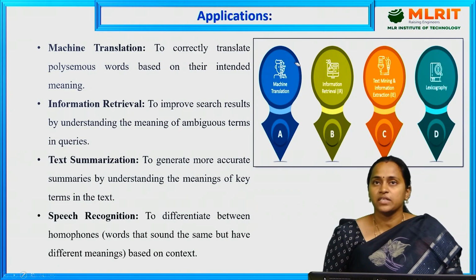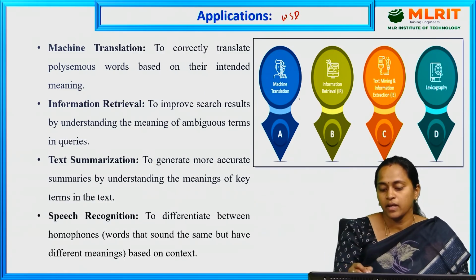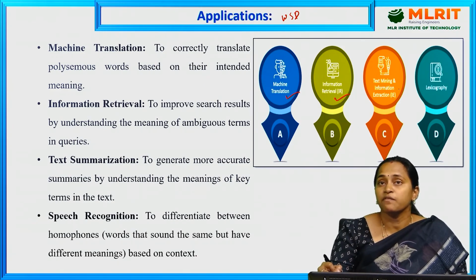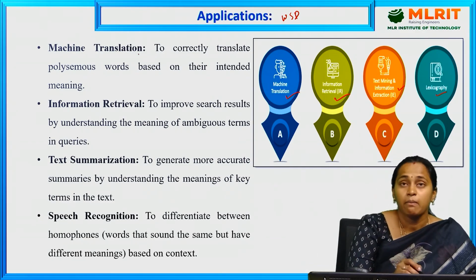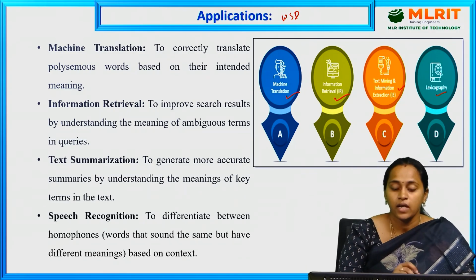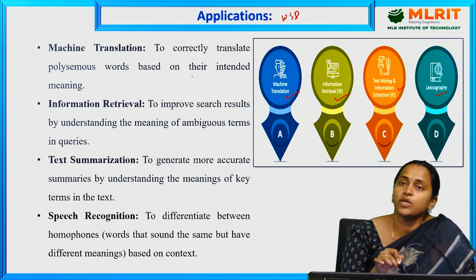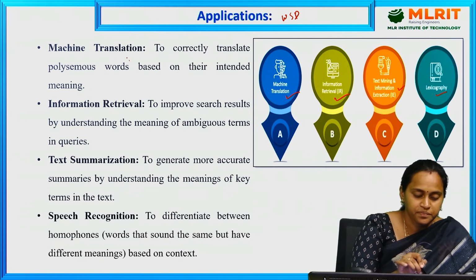Let's see the applications of WSD. Here there are four applications: machine translation, information retrieval, text information extraction and text mining, and lexicography. Let's see the first one, machine translation. What is the meaning of machine translation? We all discussed it in previous sessions. It is translating the source language to the target language based on the words.